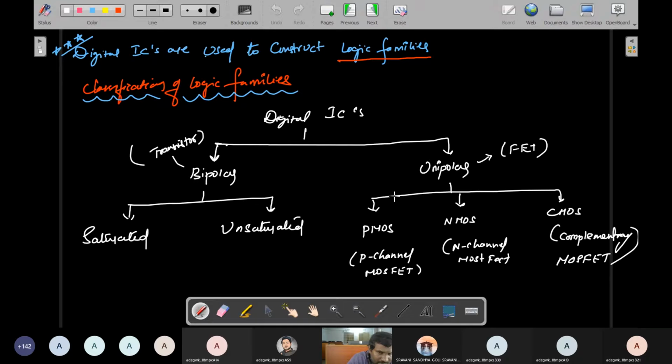After that I will explain CMOS, because PMOS and NMOS are not in our syllabus. Only CMOS is given in the syllabus, the complementary MOS combination, so I will explain only the concept of CMOS.